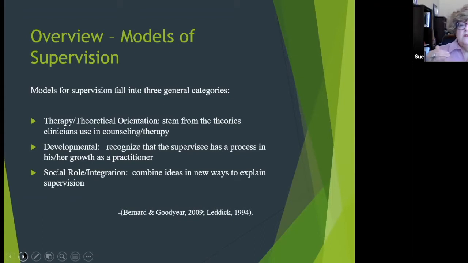But generally speaking, supervision models fall into three different categories. One category is if you are drawn to a particular theory and application, then you certainly can build your supervision around whatever your theory is. So there are supervision models that utilize the theory and allow you to apply clinical supervision through whatever theory or theories that you ascribe to.